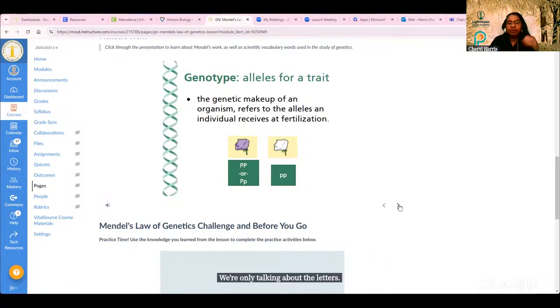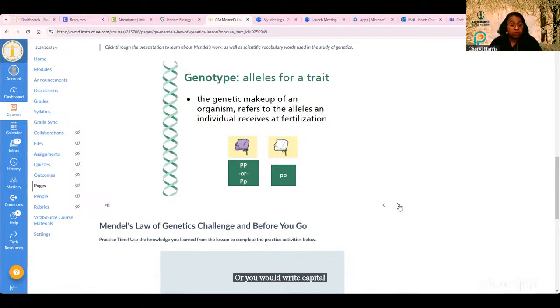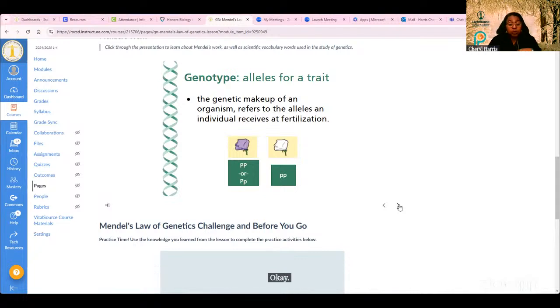If somebody asks you what the genotype is here, you'd say capital P, capital P, or capital P, small p, or small p, small p. That's how you write genotype. If they ask you what the phenotype is, then you have to express what those letters mean. Phenotype is an interpretation of what these letters are.